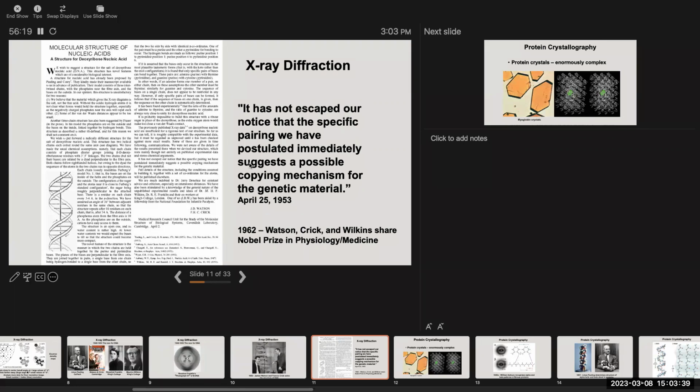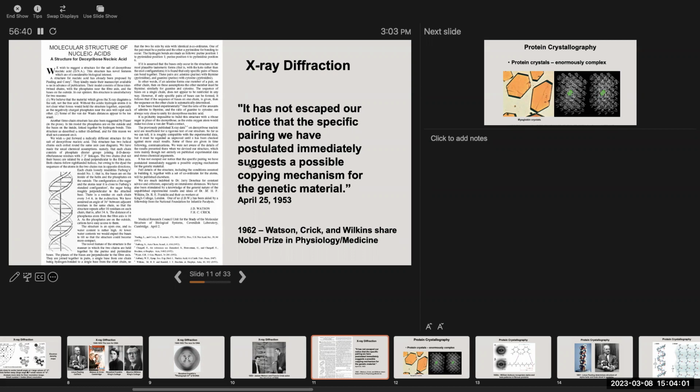9 years later, after these 3 articles were published in the journal Nature, James Watson, Francis Crick, and Maurice Wilkins received the Nobel Prize in Physiology and Medicine for solving the 3D structure of DNA. Notice that Rosalind Franklin is not included in that.